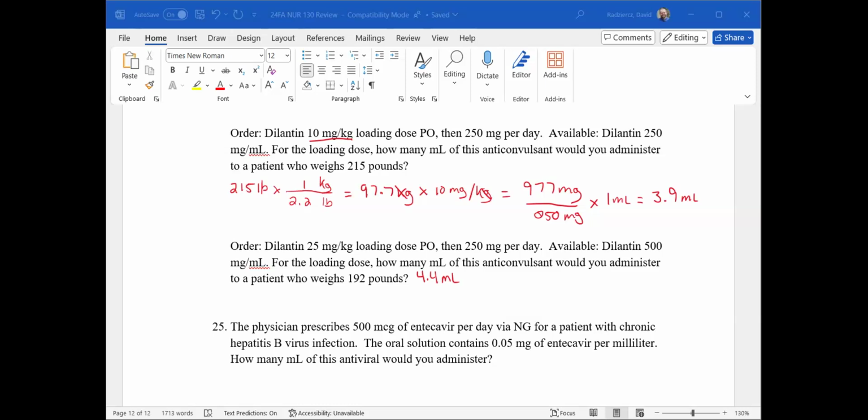So 500 divided by 50 would be, you said 10. Yeah, 10 mL. I convert the milligram to microgram, and I say 500 divided by 50 will give me 10. Okay, you got it. Perfect.